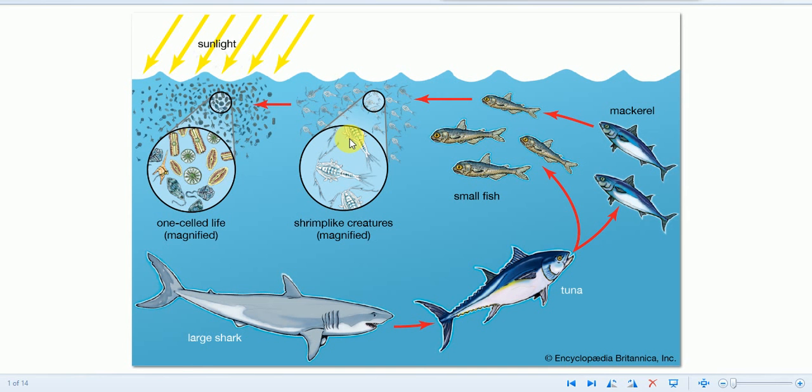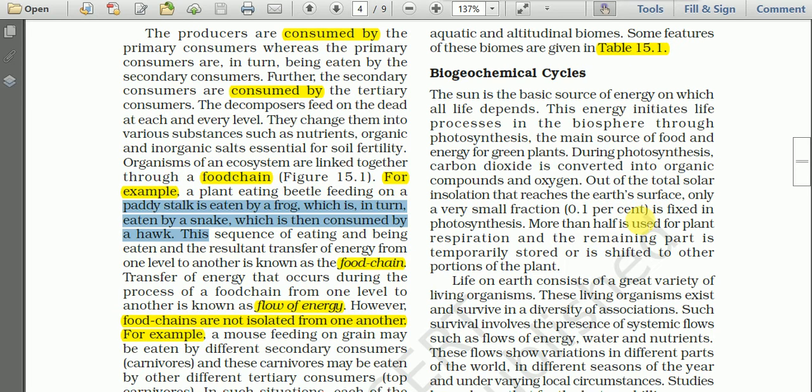Then again these shrimp-like creatures are eaten by the small fish, and small fish are eaten by these mackerels. Then these mackerels and small fish are eaten by this tuna, then again by a large shark. So this is another example of an ocean food chain.